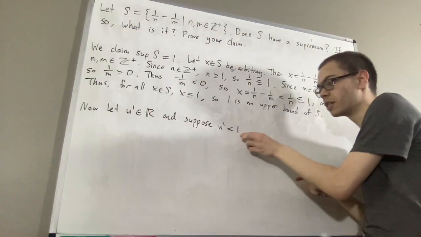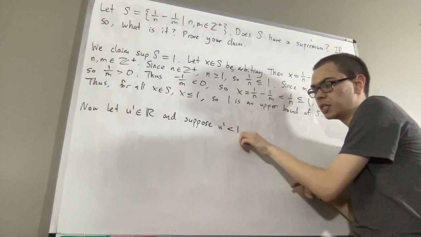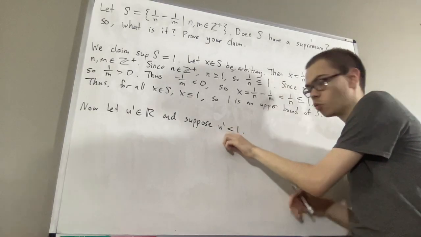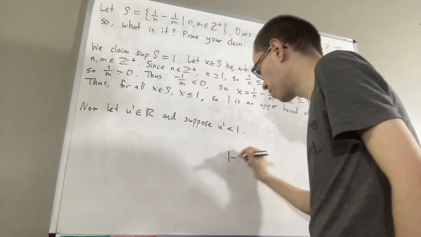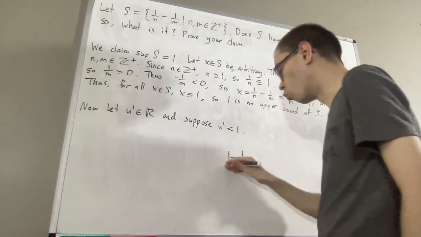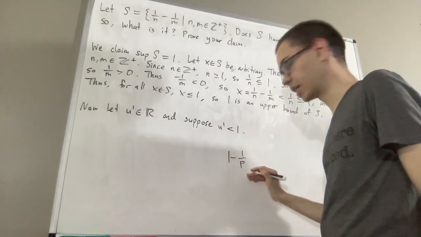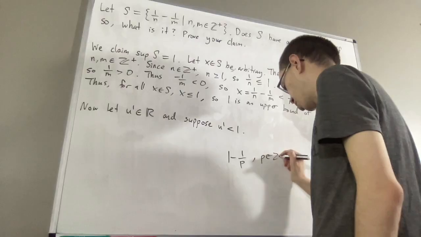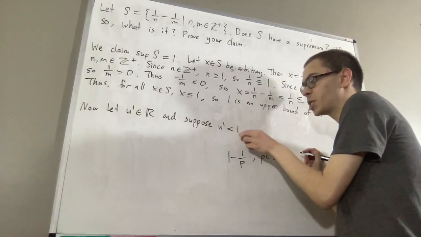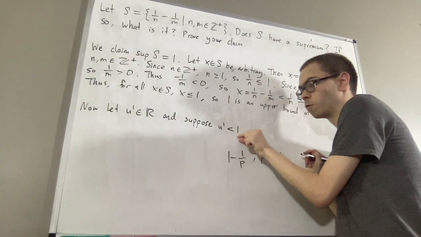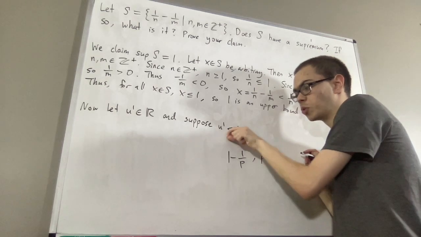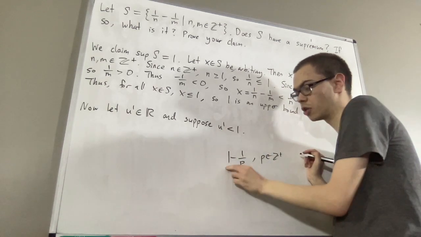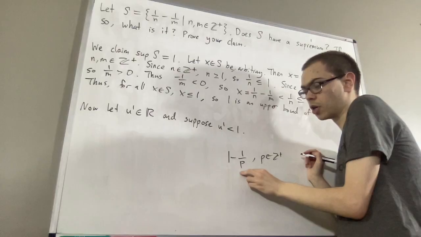When we walk anywhere to the left of 1, we should encounter some real number of the form 1 minus 1 over p immediately, where p is some positive integer, right? It doesn't matter how much distance you walk to the left of 1. If you walk any amount of distance to the left of 1, you should immediately encounter some real number of this form.